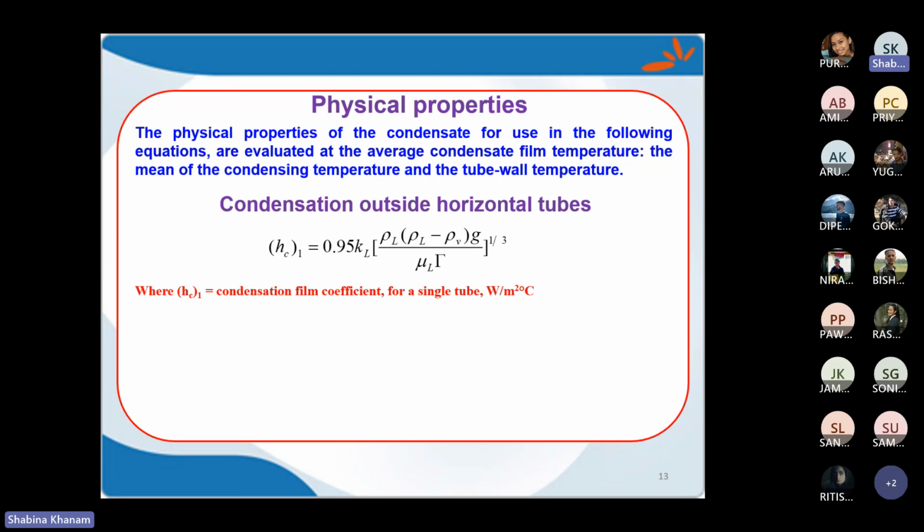If I have the bundle, the vapor enters in the shell side, and this single tube will be the topmost tube where the condensation will occur firstly, from where the condensation will start. So this single tube we are considering is the topmost tube in the bundle. How to consider the complete bundle, that we will discuss.